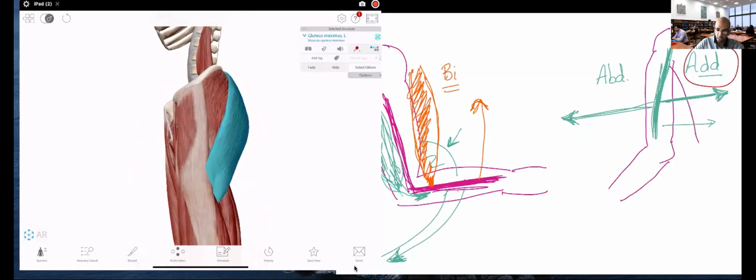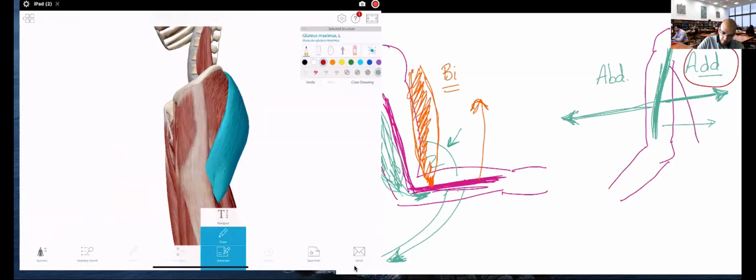It travels behind the hip joint, so when it contracts, it's going to be pulling the thigh backwards. This is the thigh. When you contract this muscle, you're pulling the thigh backwards.